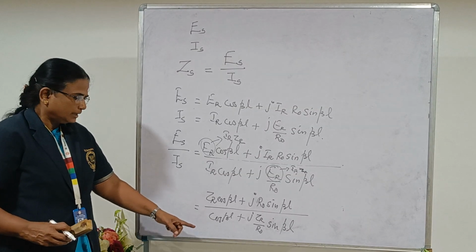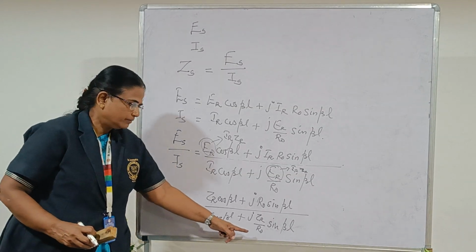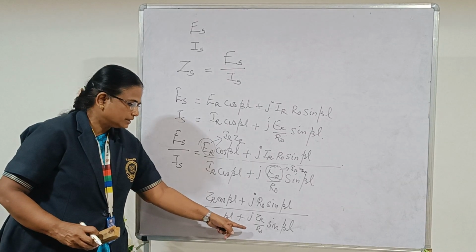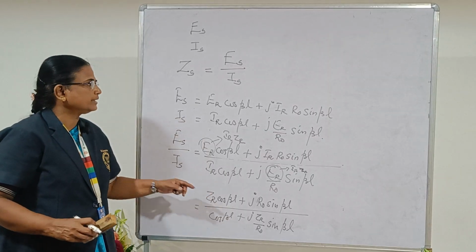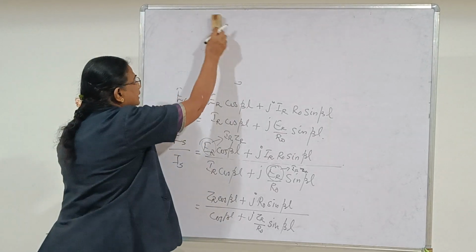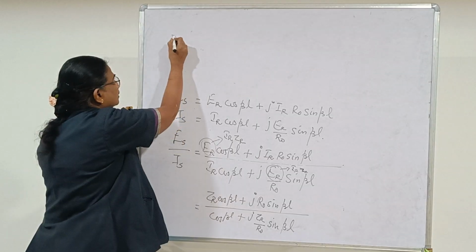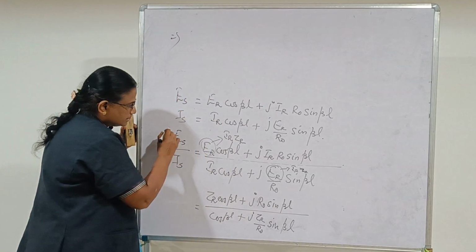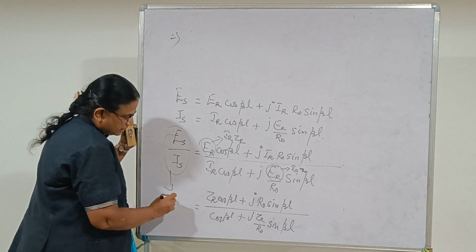Next step, here in the denominator we have an R naught. So you take R naught as LCM, so that this R naught goes to the numerator. Therefore, ES by IS is nothing but ZS.